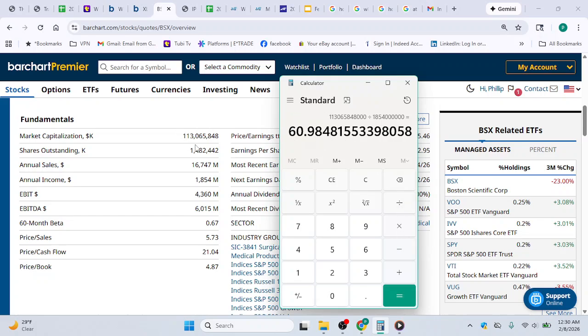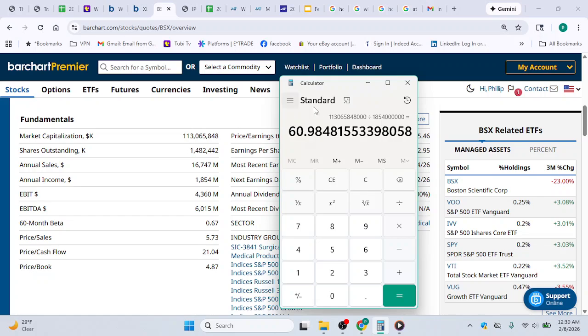So this company is valued at, right, the valuation based on market cap divided by its earning potential is 60 times its income. So for every dollar invested, I have to wait 60 years to get my money back. Well, I don't want to get my money back in 60 years. I want to get my money back in like 3 to 5 years, 10 years maybe, right?